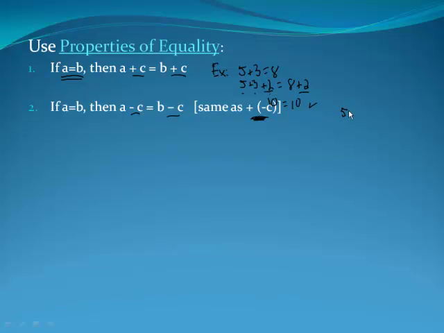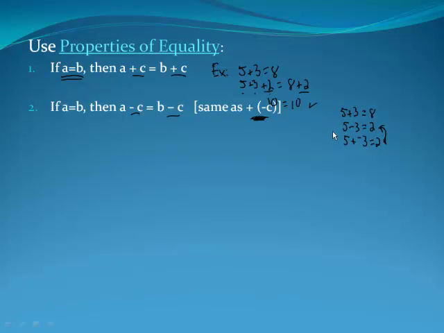In other words, if you're looking at 5 minus 3, that is 2. 5 minus 3 is the same as changing that subtraction to addition and changing the sign of the term that follows to a negative. 5 minus 3 is the same as 5 plus a negative 3. In either case, you get 2. Same answer. Basically the same problem, you're just changing it into an addition problem.